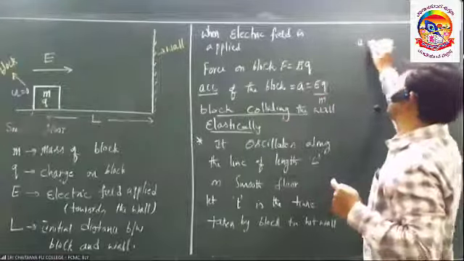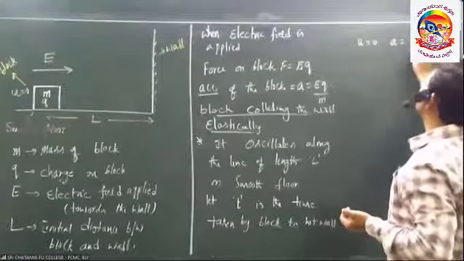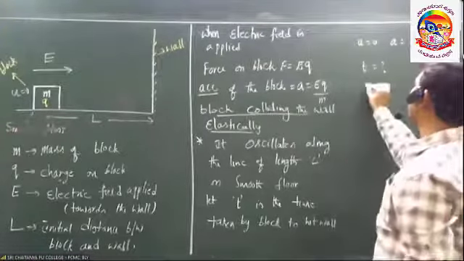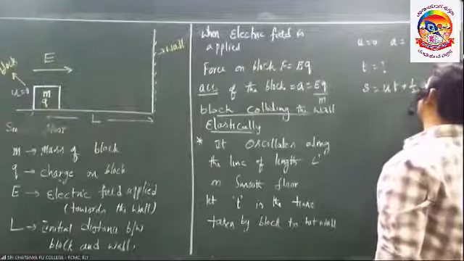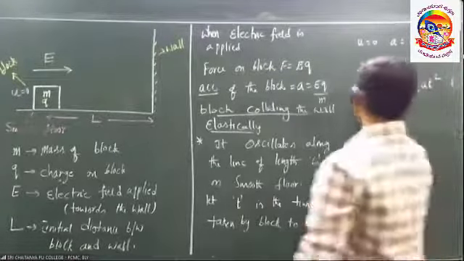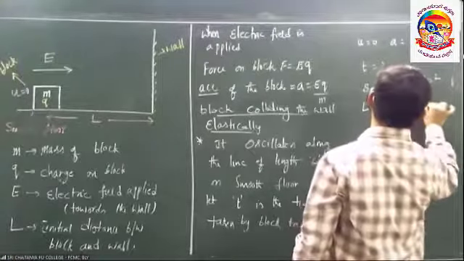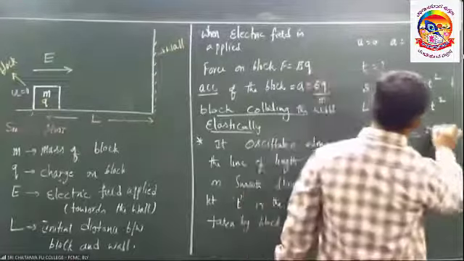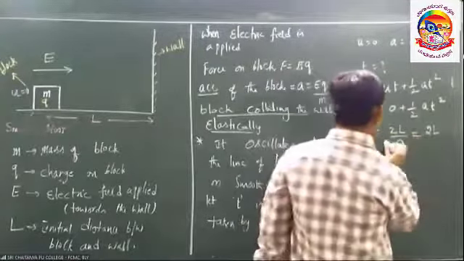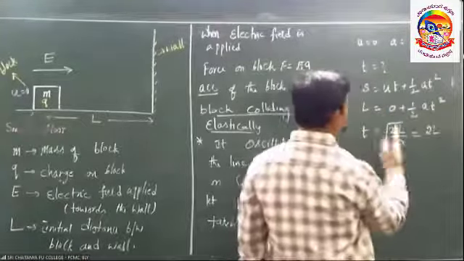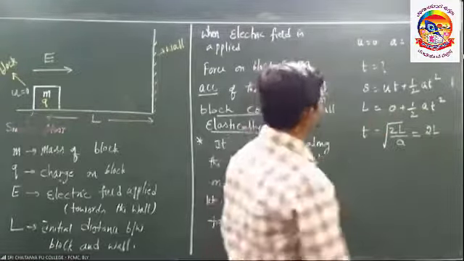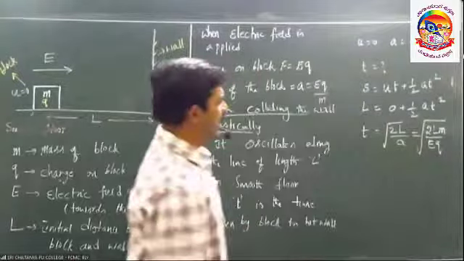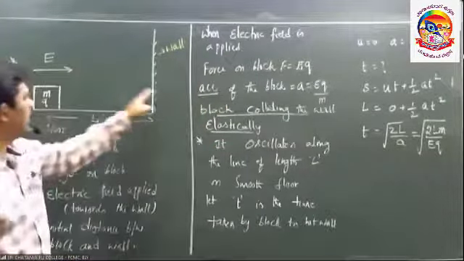Its initial velocity is 0, acceleration is EQ by M, distance L. You have the formula s equals ut plus half a t square. u is 0, then L equals 0 plus half a t square, then t equals root over 2L by a. a is EQ by M, so t equals root over 2Lm by EQ. That is the time to come from here to here.